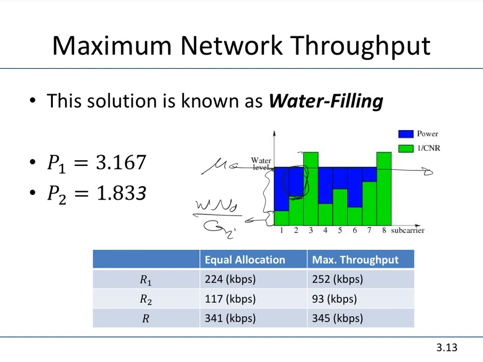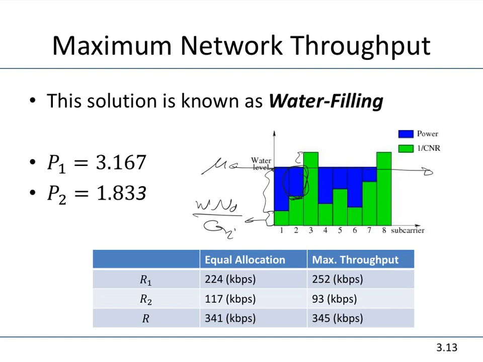If this part is negative, we will not give you anything. Because this means that your channel gain is extremely bad, and in order for us to give you enough power so that we can get any throughput from you, we have to give you more than the maximum power, which is not possible.